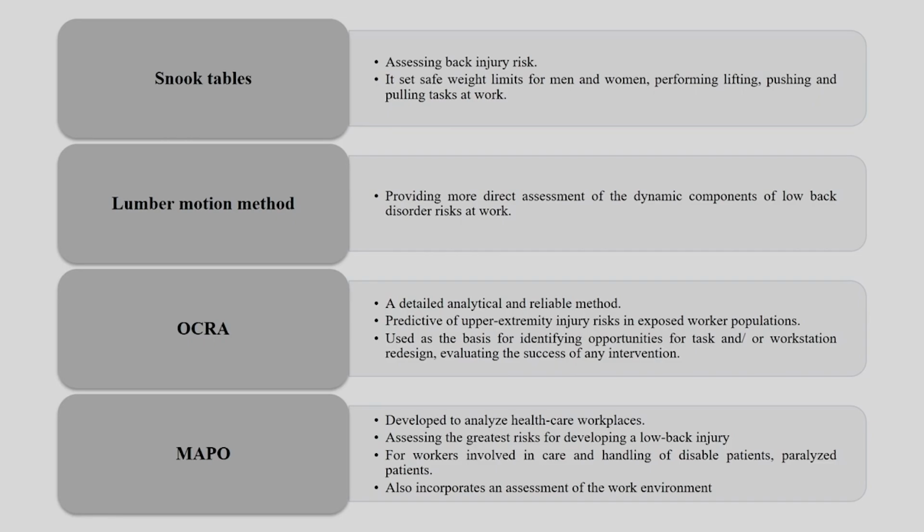It sets safe weight limits for men and women performing lifting, pushing, pulling, all these varieties of tasks. So it gives an understanding of what the limit should be for a person performing any pulling, lifting, lowering, all such types of jobs.